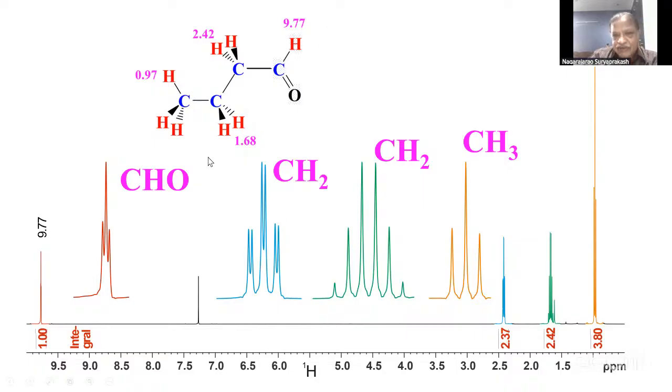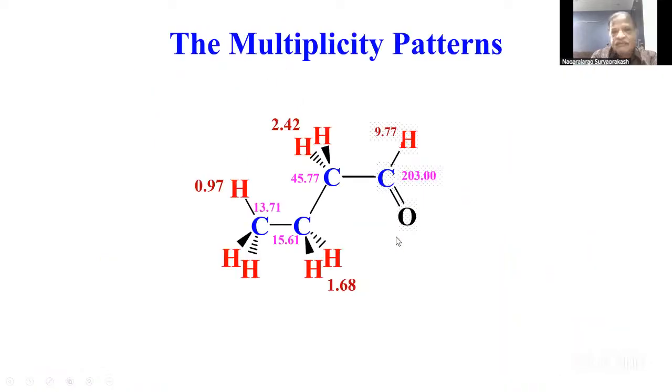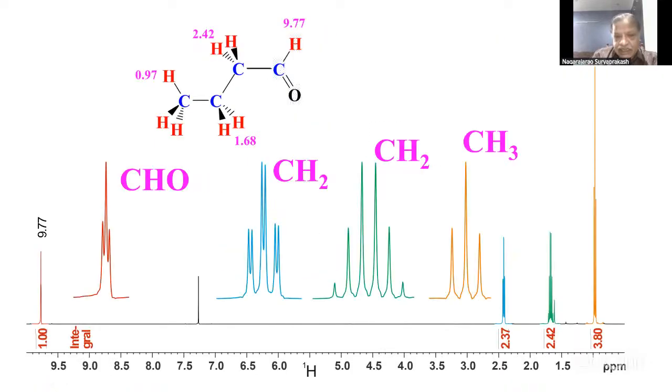And each line of the quartet is further split because of this CH2. There are 4 lines, 1, 3, 3, 1 intensity. Each line is a triplet. And sometimes if the couplings are almost close by, need not be exactly the same, which we cannot resolve, some of them will overlap and give us a pattern like this. And I would say this CH2 is this one.